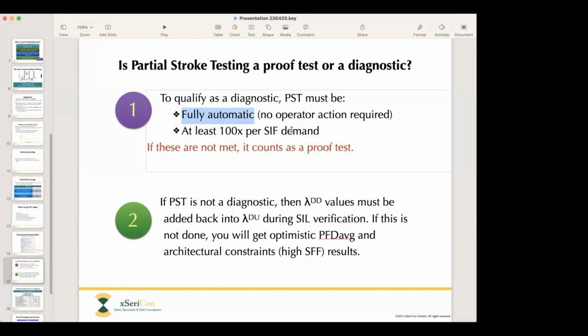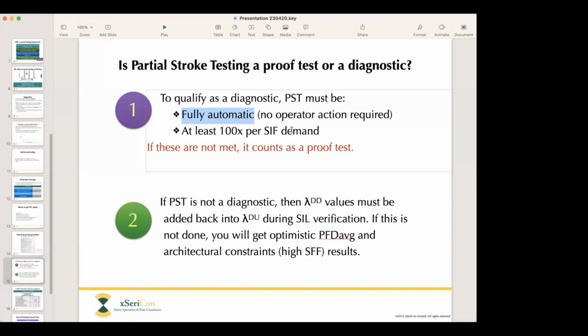And normally that would not be the case for partial stroke test, because you don't really want your valves that are critical, part of your critical process operation, to be stroking all by themselves without any operator awareness or the operator even knowing what's going on with those valves.